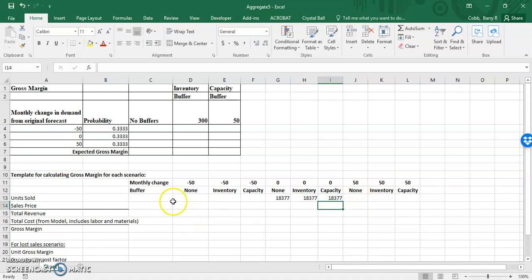If there's a 50-unit decrease in monthly demand, we're going to lose 6 times 50 units over the 6 months, so it'll be $18,377 minus 6 times 50.